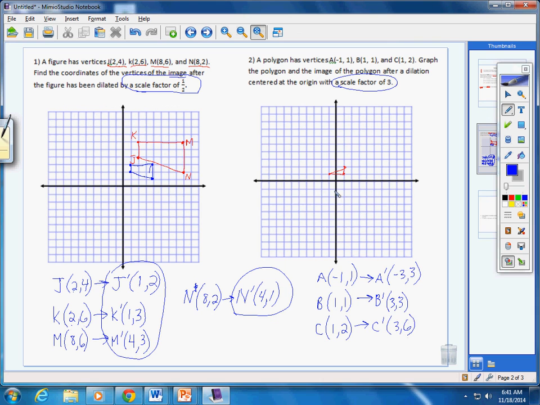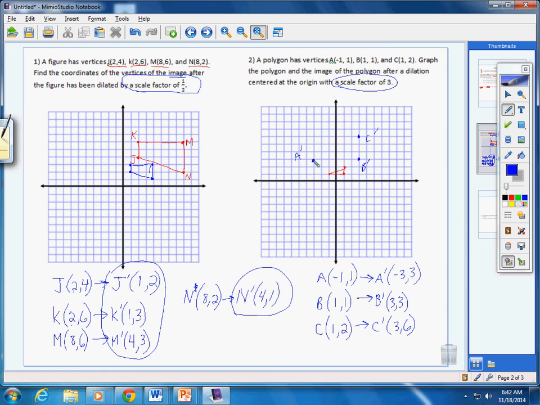So let's graph these guys. 1, 2, 3, 1, 2, 3, negative 3, 3. That is A prime. B prime is 3, 3. And C prime is 3, 6.